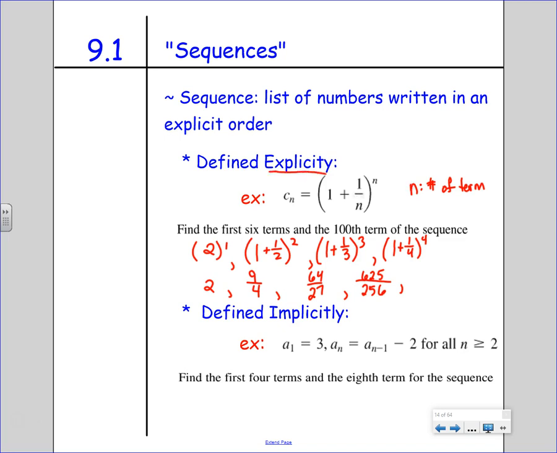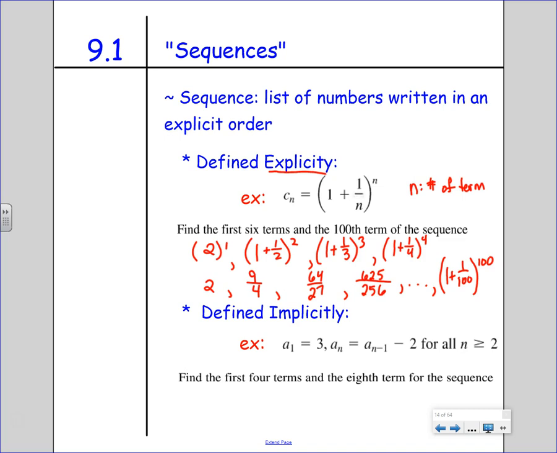Which means to find the 100th, we just plug in 100: 1 plus 1 over 100, to the 100th power. It's too big, we'll just leave it. We don't have to find all of them to get there. Yes, they said find the first 6 terms. Basically, we just got lazy and stopped.